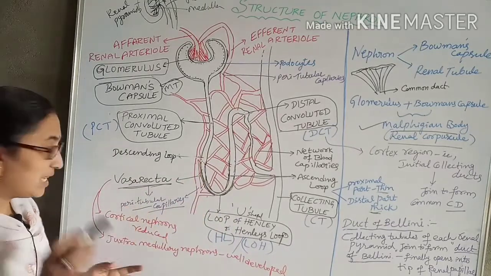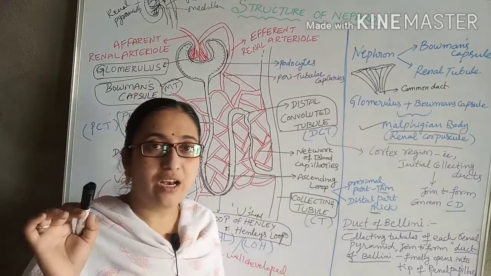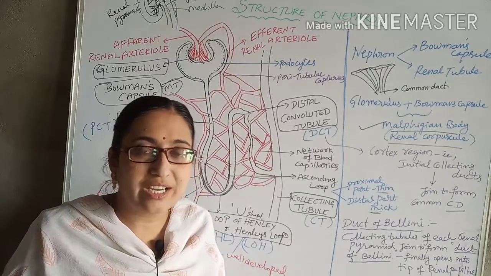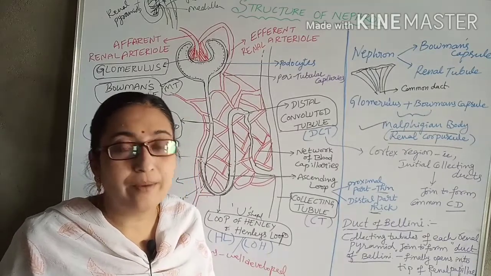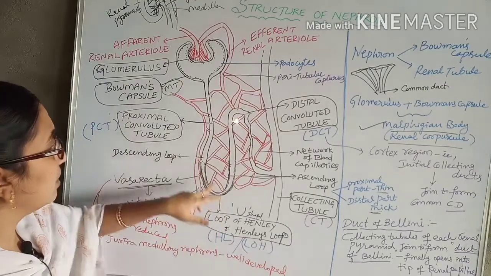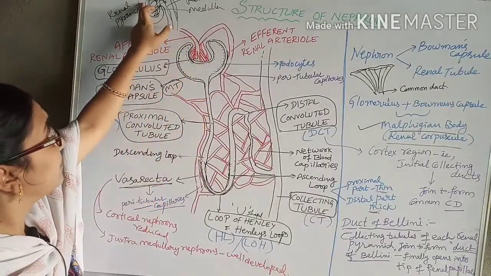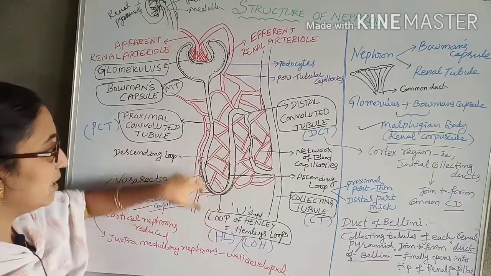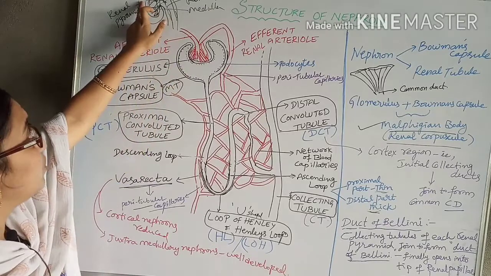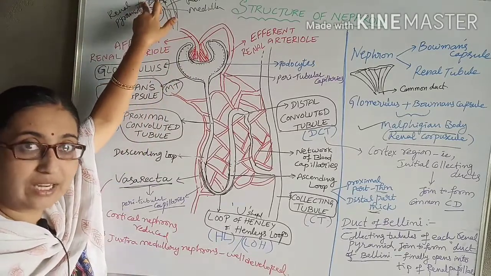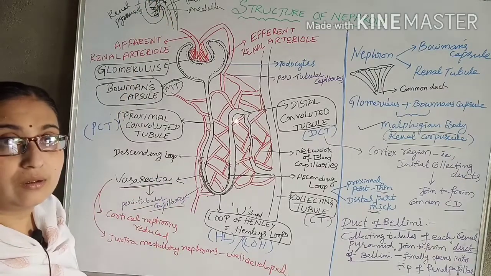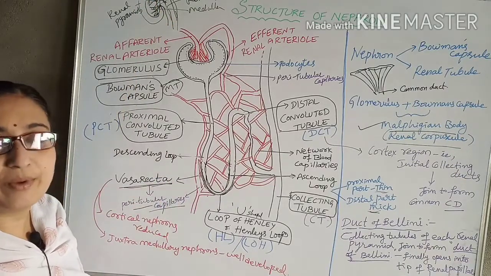Next, what are cortical nephrons and what are cortical kidneys and juxtamedullary kidneys. Cortical kidneys are those in which the Henle's loop is present at the cortex region. If the Henle's loop extends only a little into the cortex region, that type of kidney is called cortical nephron or cortical kidney. And what is the juxtamedullary kidney?